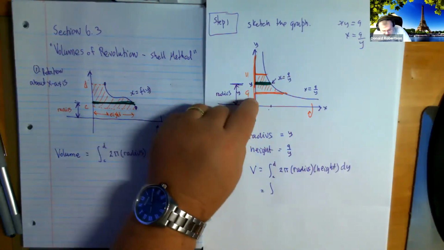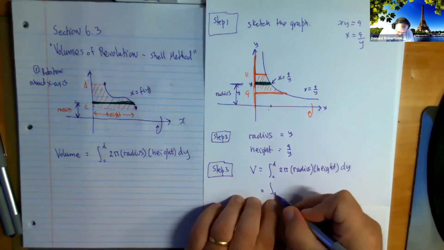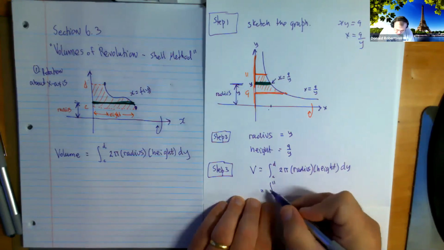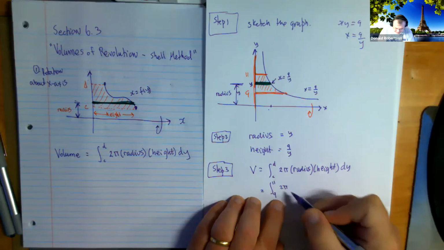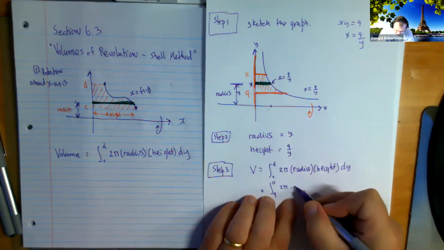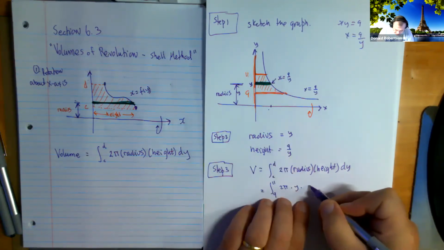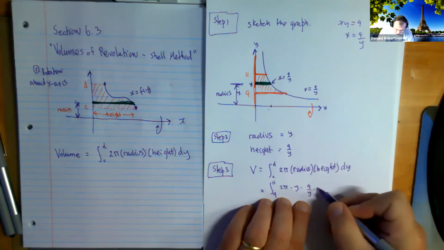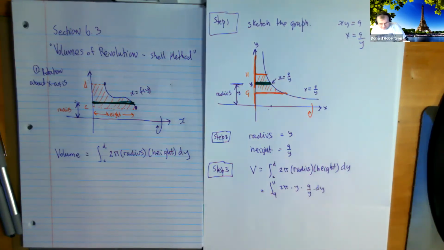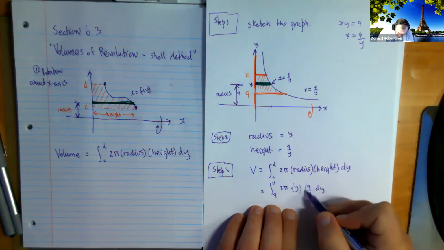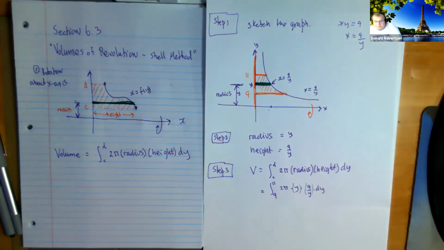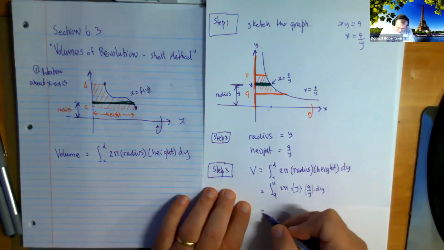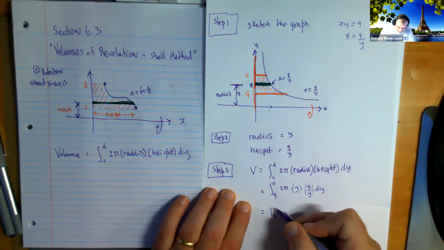In this case, from 9 till 11, that's c to d. 2 pi, the radius is y, the height is 9 over y, dy. Don't really need brackets around them, but I'll put them anyway. That gives us the integral from 9 to 11.